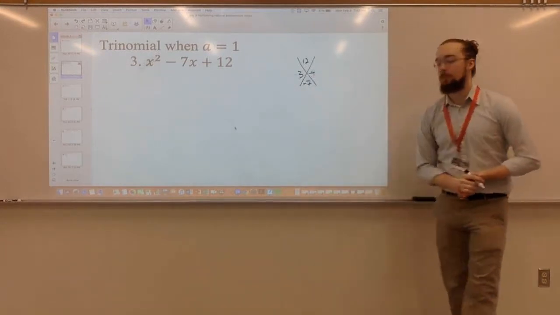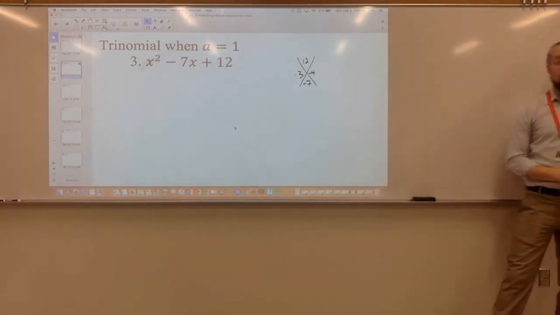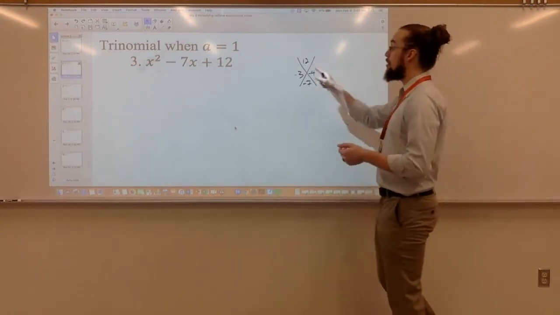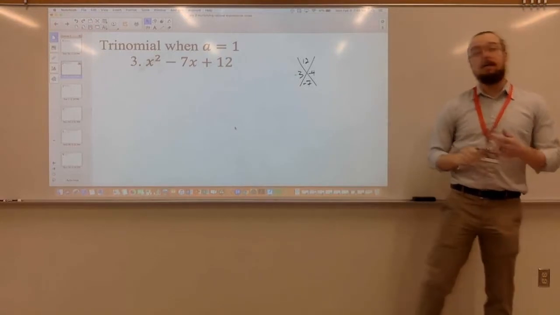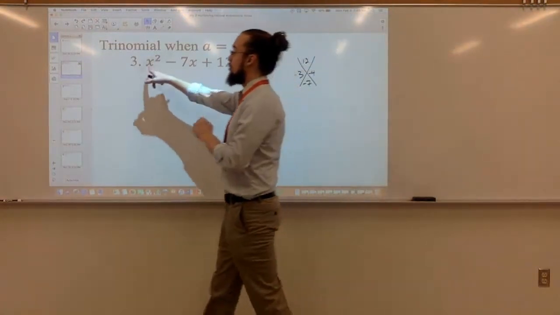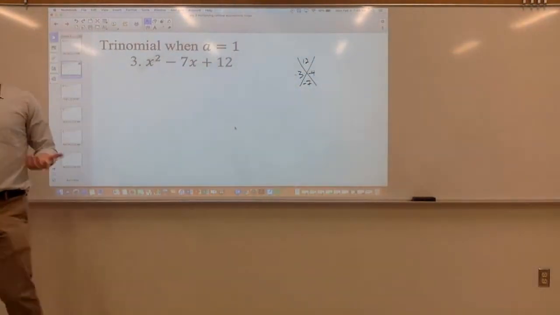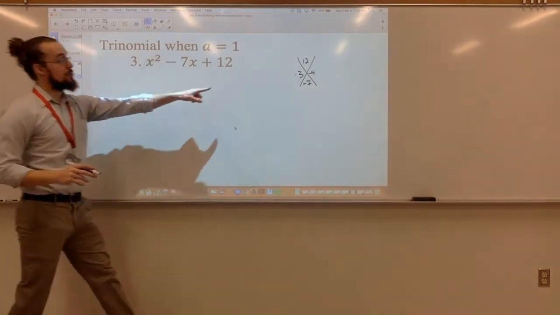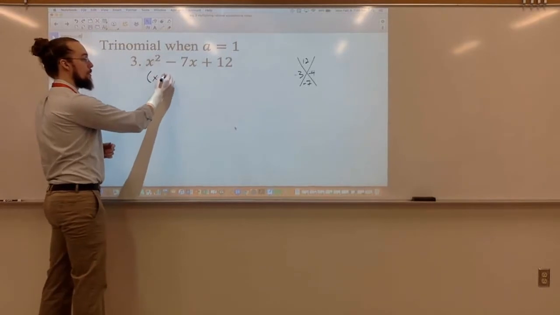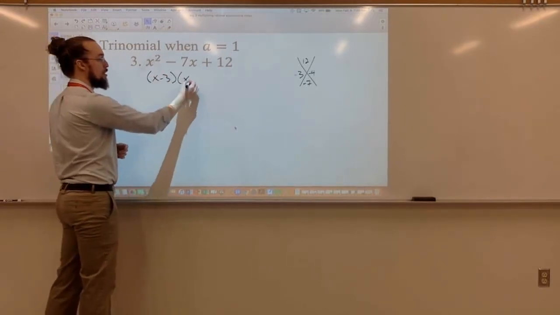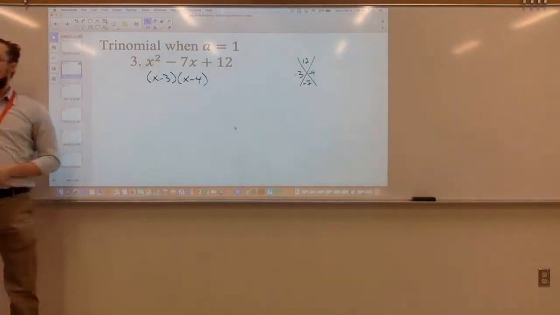Exactly, I want both of those to be negative. Negative 3 times negative 4 would be positive 12. Negative 3 plus negative 4 would be negative 7. Now, when my leading coefficient is 1, we can go straight to factors. I can just take these two numbers and say my factors will be x minus 3 and x minus 4. We're done.